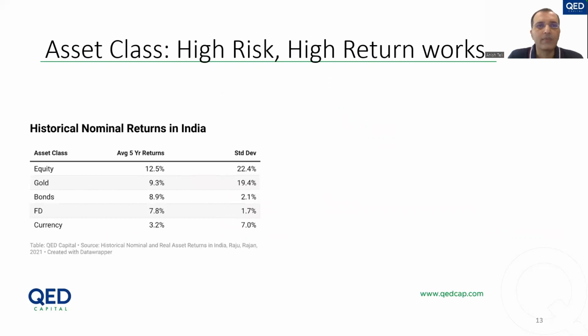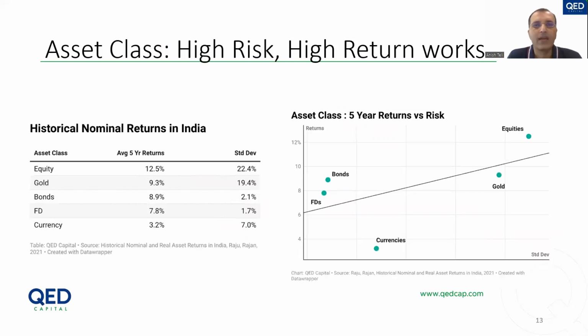Then we looked at how low volatility works at the asset class level. So higher return asset classes also tend to have higher volatility or standard deviation. And we showed that with equities, gold, bonds, fixed deposits, currencies, and we saw how here the capital asset pricing model, or the model that gave us beta, works in theory as well as in practice, that high risk assets will tend to give you higher returns.